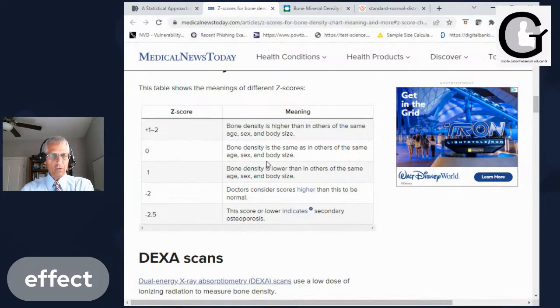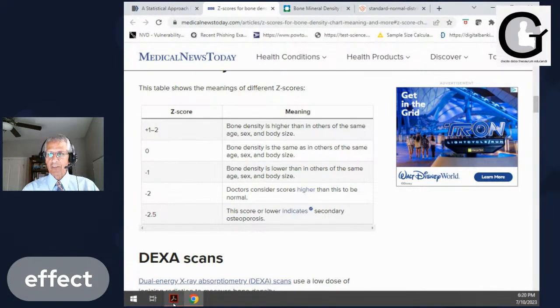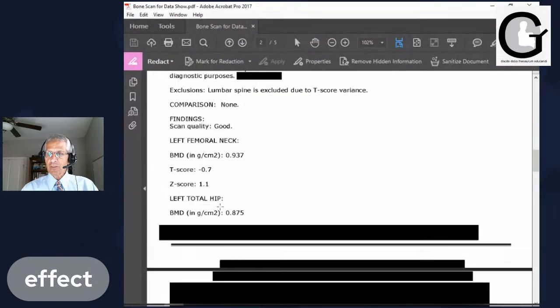Now, I'm going to tell you, interestingly enough, that the t-scores are based on a standard age, whatever that may be, 30 years old, I think it is. The z-score is based on that specific age. Now, the age of this individual is more than 30 years old. So that's why the t-score may not adapt well to that specific individual, but the z-score may, more so. So 1.1 is good. Higher than others, same bone density is higher. So there's your z-score. It's good.